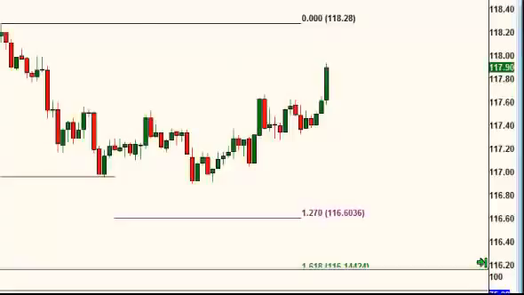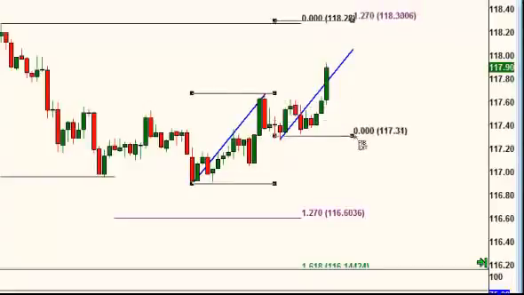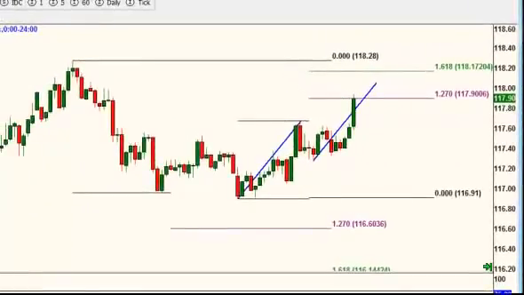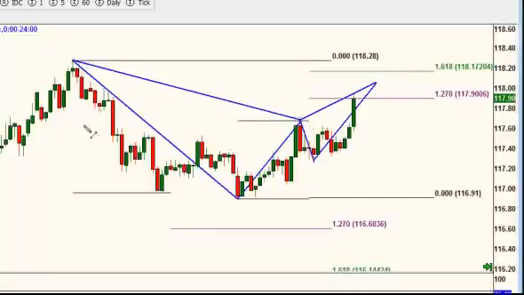If I go ahead and draw in my lines, swing low to swing high, copy and paste, and then I draw in my Fibonacci extension, swing low to swing high, and back down in, what you'll see is we get a nice AB equals CD pattern right near the 1618, and looking left below the swing high, we can go ahead and draw in our Gartley pattern here. X to A to B, B to C, C to D, giving us a little Gartley pattern.